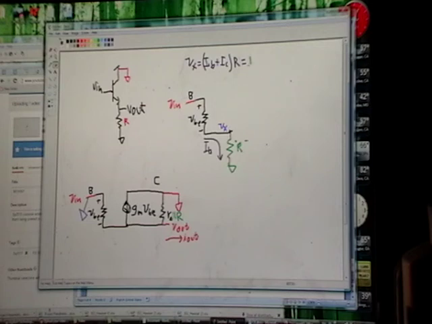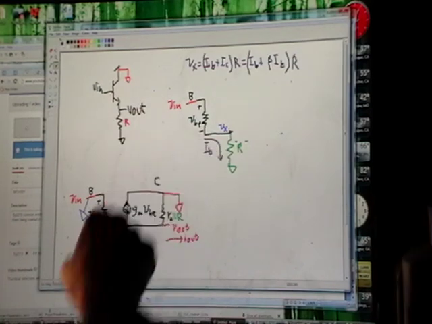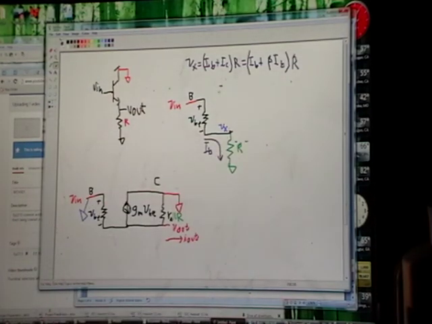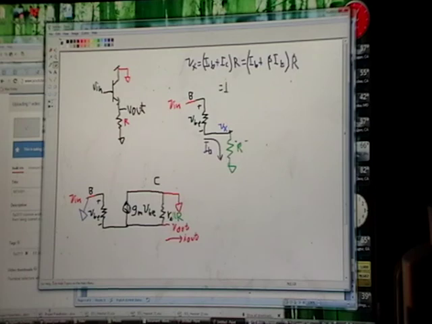So let's do IB plus beta IB times R. But the current that's actually coming through here is IB, so let's factor out an IB here. So I'll say IB times (1 plus beta) R.